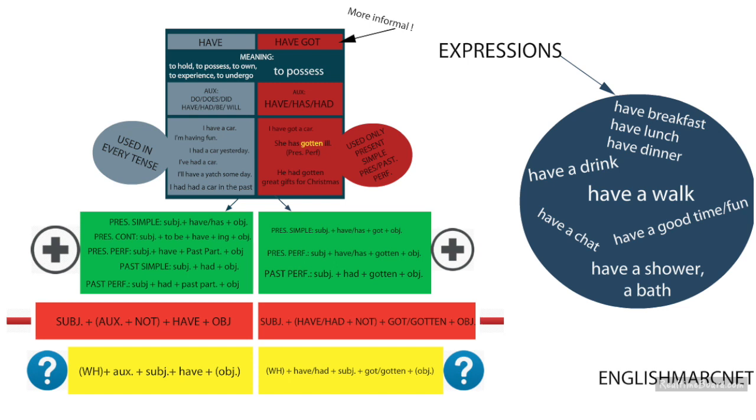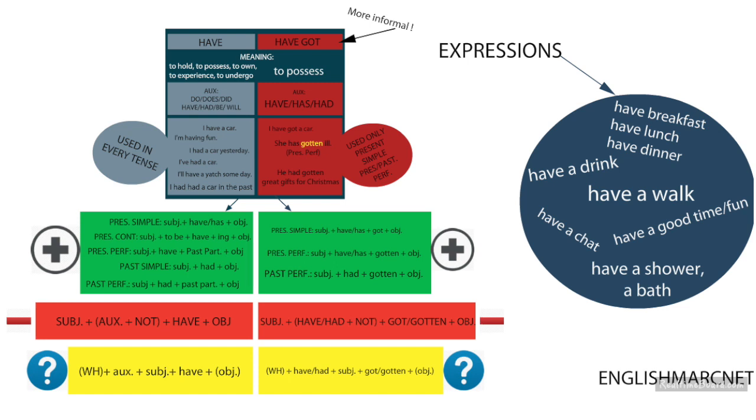If we want to make a question for the verb auxiliary have, WH question if needed, so who, how, where, when, plus auxiliary, plus subject, plus have, plus object. Obviously have here could be had, if it is in the present perfect, so it can change.